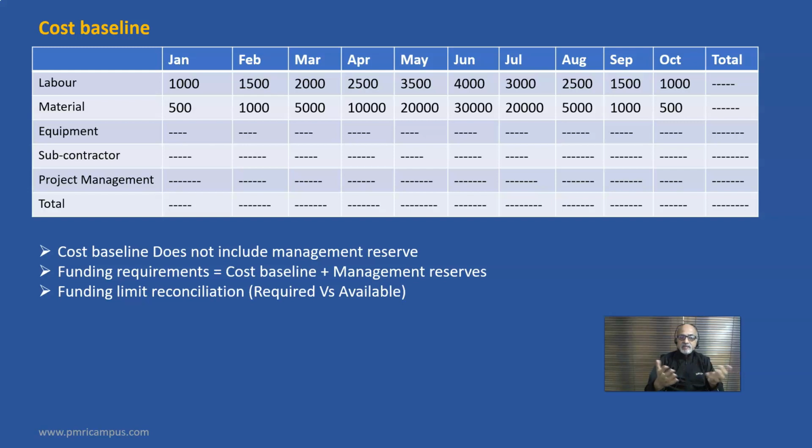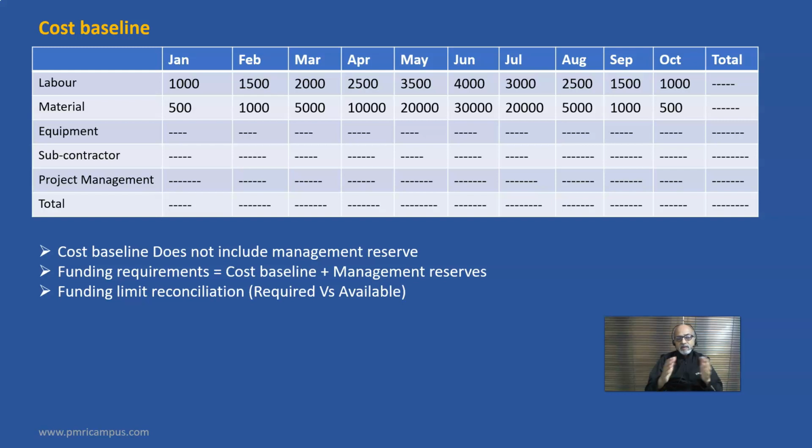So this funding limit reconciliation is very important, so that sponsors can be proactive in making the necessary funds available for the project. It is the funds required versus funds available month after month.